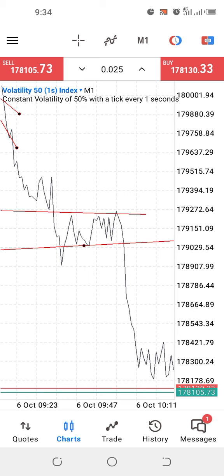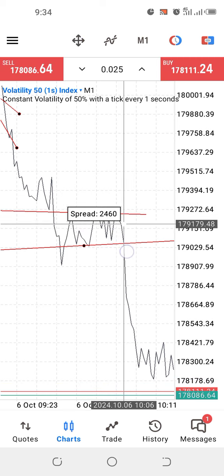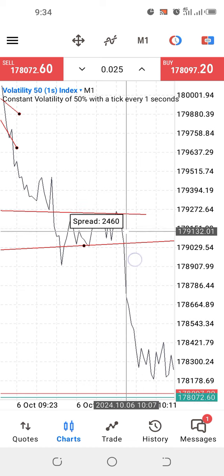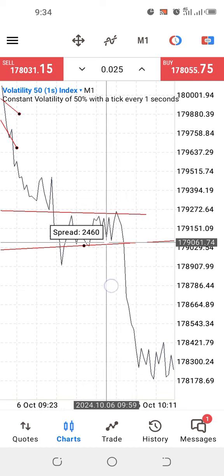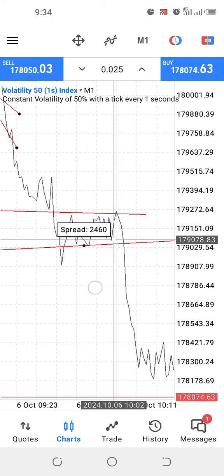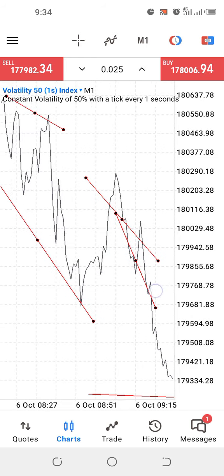Resistance becomes support when price passes through. The moment price is able to break through a support line or a resistance line, the old support line automatically becomes a resistance line, and that is how it works.